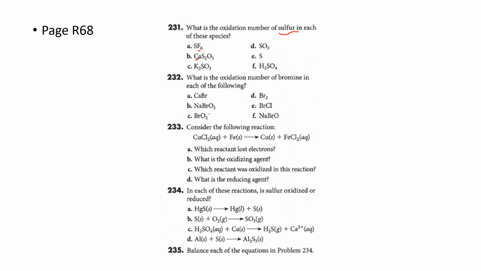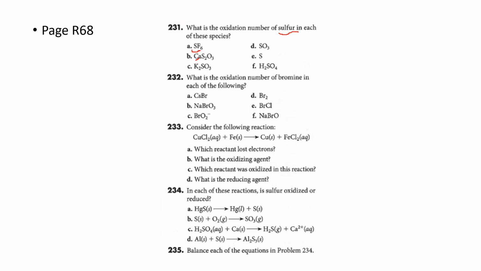So 6 fluorides in this compound mean we have a -6 oxidation state over here on the right side of our compound. So we have to figure out what will go with that -6 to make the entire compound neutral, and our sulfur will have to be a +6 in order to balance that -6 from the fluorides. So in this case, sulfur's oxidation state is a +6.